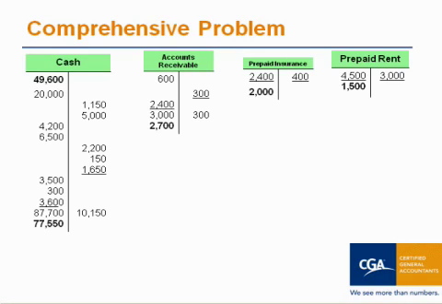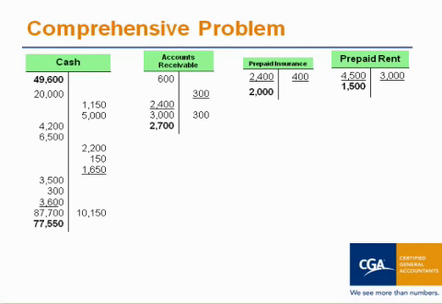The difference between the two is $77,550. It's an asset account balance. It's a positive amount. It's the debit balance, left-hand side. For accounts receivable, the transactions summed up for the months of November and December tally up to $3,300.